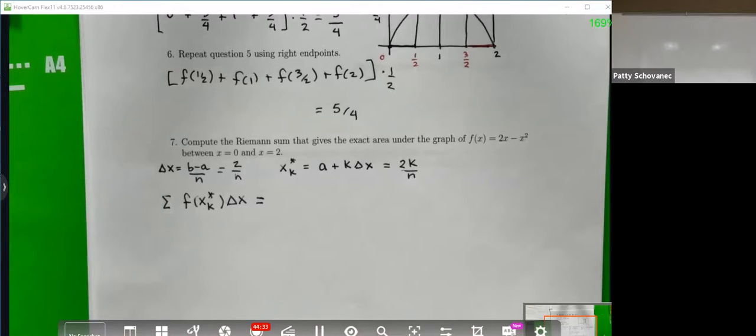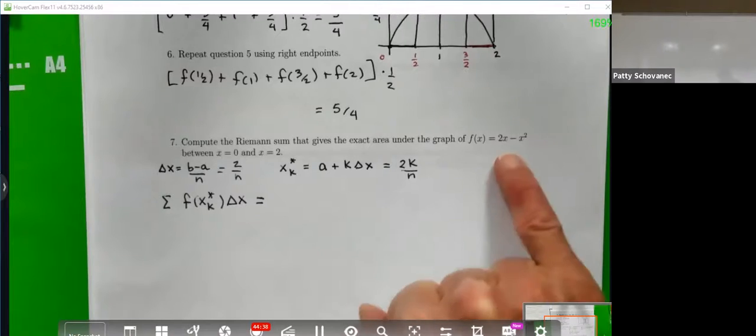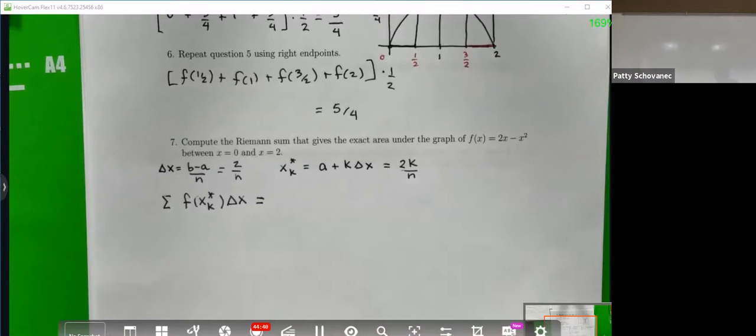In this example, f looks like 2x minus x squared. So we've got to put this in for the x a couple of times and then multiply it by our delta x.